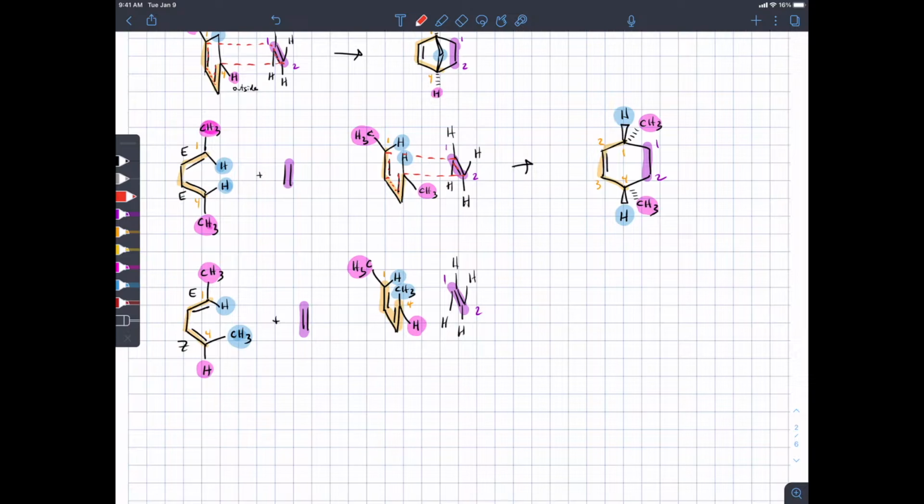We're going to make a bond between orange 1 and purple 1, between orange 4 and purple 2. Notice that as we make the new 6-membered ring, the proton on orange carbon 1 will be above the ring, as will the methyl group on orange carbon 4.